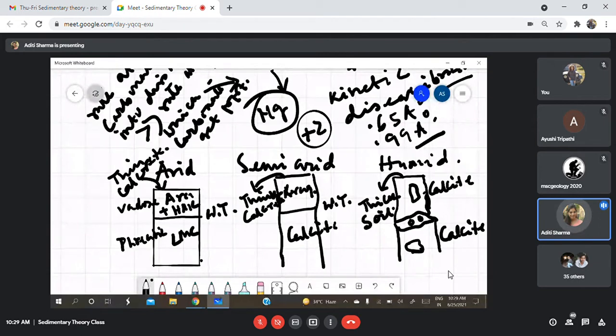So three different conditions: arid, semi-arid, and humid.